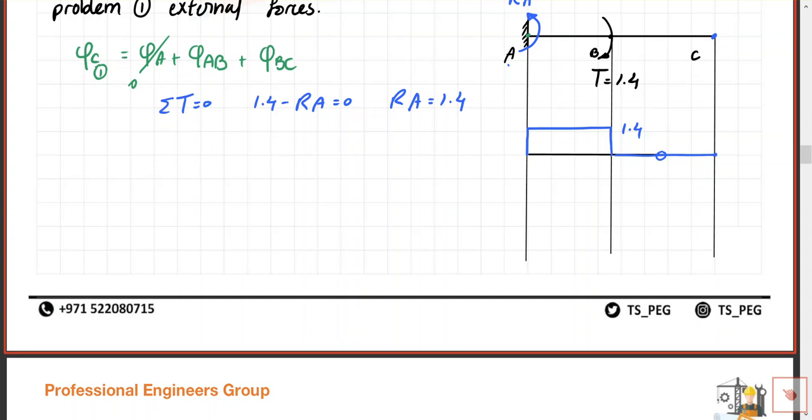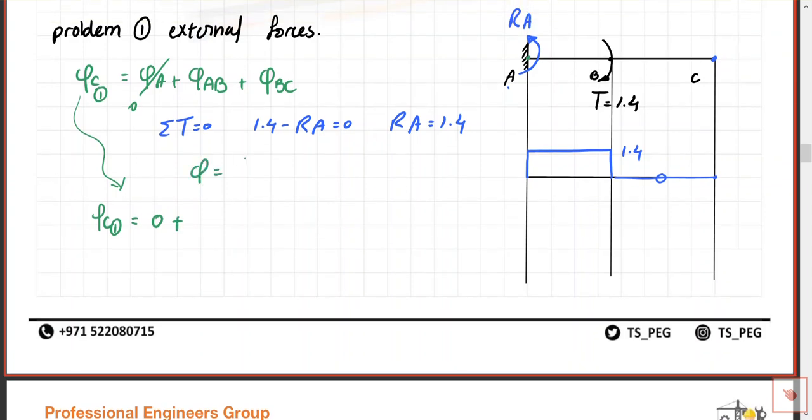So now I come to this equation: phi C1 equals 0 plus, for the part AB, of course the phi law we know, which is T times L over J times G.